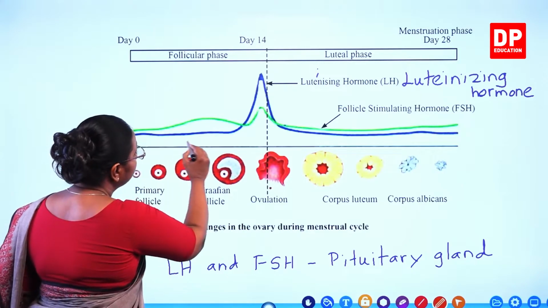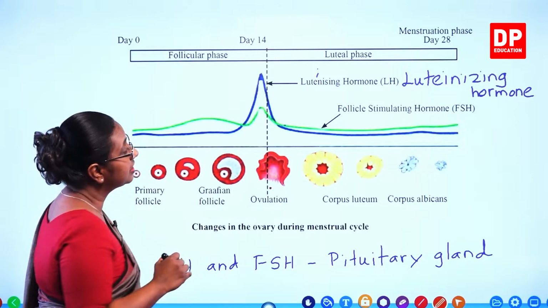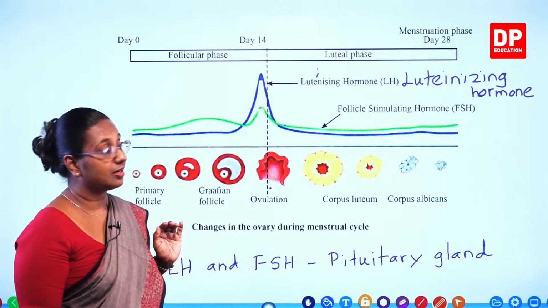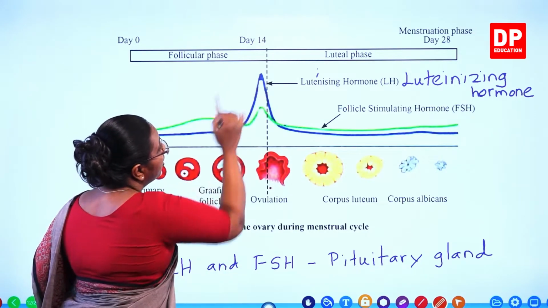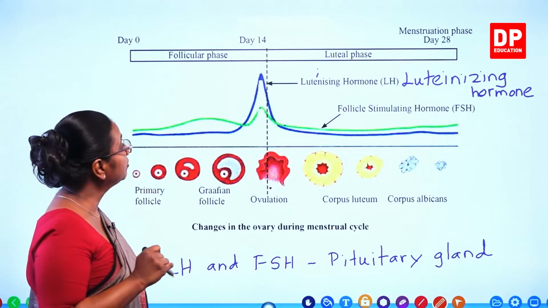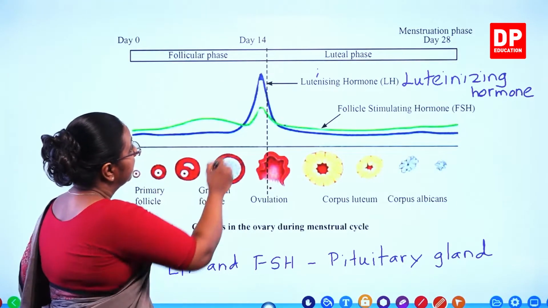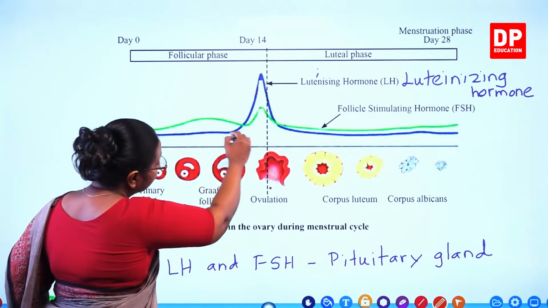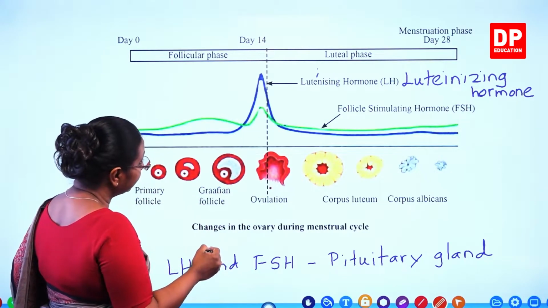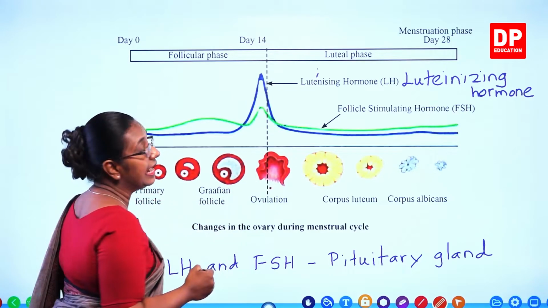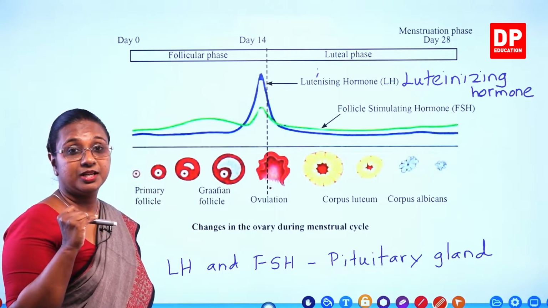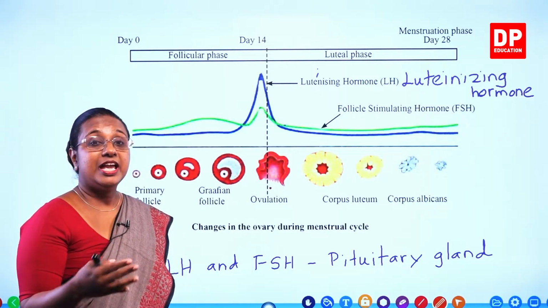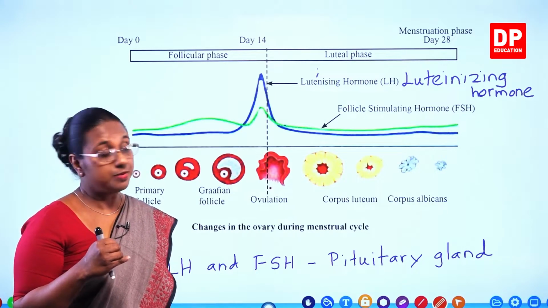At that time, the blue color curve, the luteinizing hormone, is low in concentration. But on the 14th day, or just before the 14th day, you can see, students, the LH increases drastically. You can see the FSH also increasing, but the increase in LH is very prominent. Luteinizing hormone initiates the ovulation process.